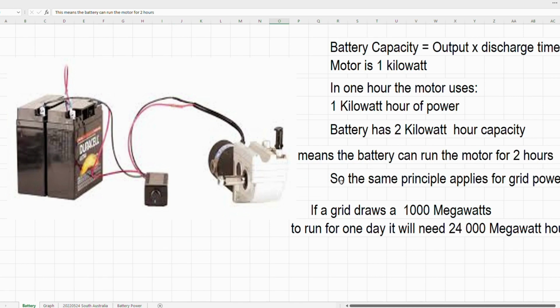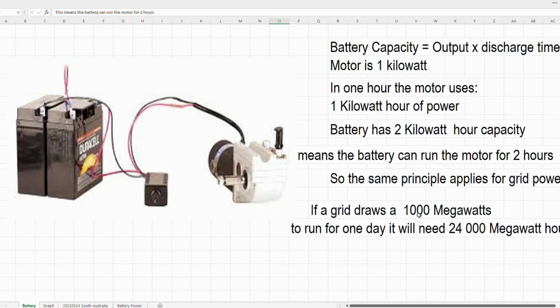And the same principle applies for grid power. So a grid's much bigger than a motor. When we're talking grids, we're talking megawatts rather than kilowatts. So a megawatt is 1,000 times a kilowatt, and a small state grid is 1,000 megawatts.